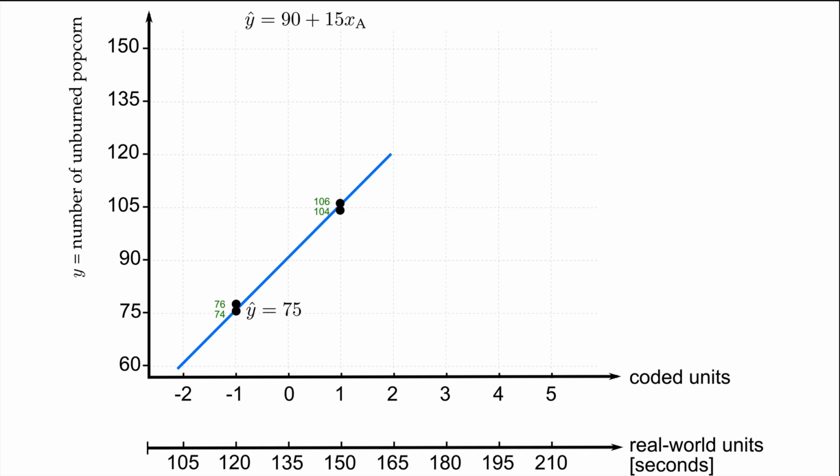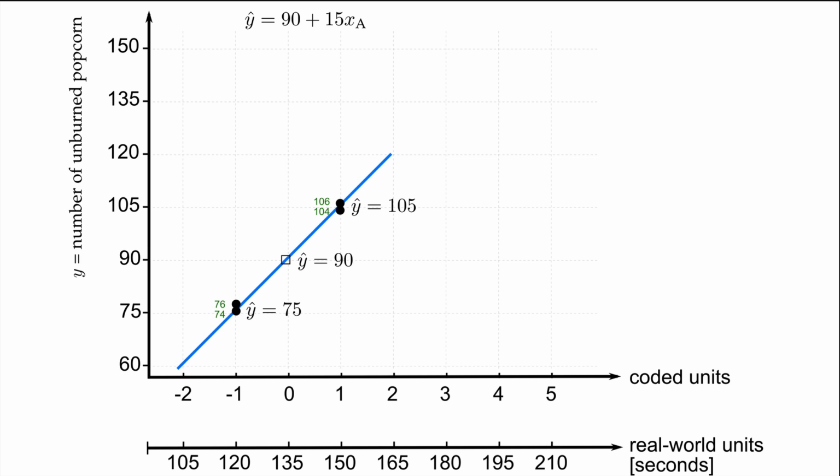At the baseline, where the coded value is 0, we have a prediction using the model of 90 unburnt popcorns. But notice, we never ran an experiment actually at the baseline. The model simply tells us that if we did run one, that would be the number of unburnt popcorns to expect. And at a coded value of +1, or 150 seconds in real-world units, we make a prediction of 105 unburnt popcorns.